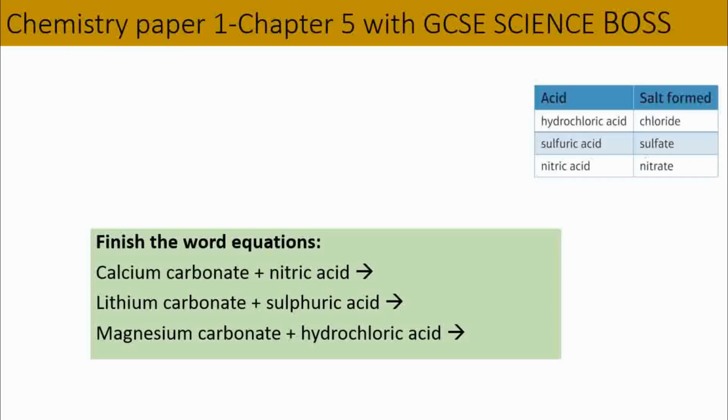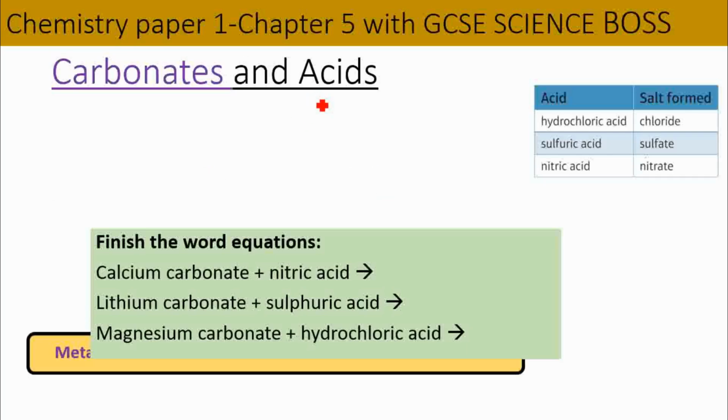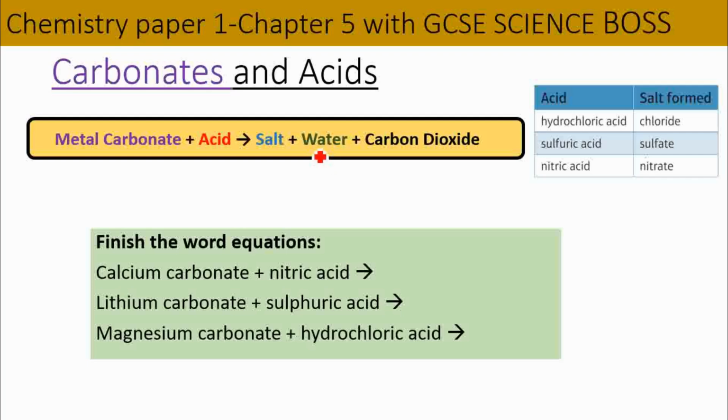All right, so let's look at these reactions. Remember, carbonate plus acid, it will form salt, water, and carbon dioxide. So if I have calcium carbonate here, it's going to form calcium nitrate. It will always form water and carbon dioxide.